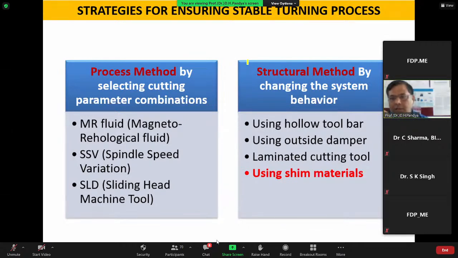We are using the toolbar, a hollow toolbar, meaning the weight of the tool is reduced. For outside damping, we are utilizing laminating of the cutting tool. And now there is a newer idea using the same material as an outside damper. Generally, when we are working on the lathe machine, the operators place some packing below the cutting tool.